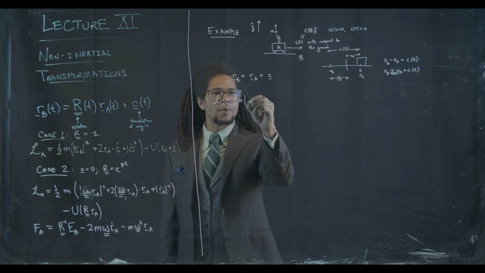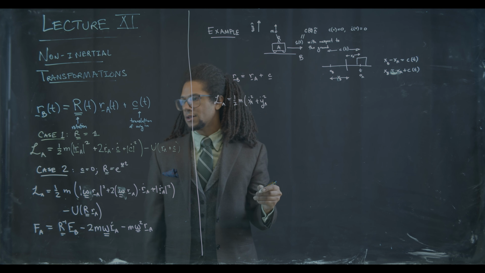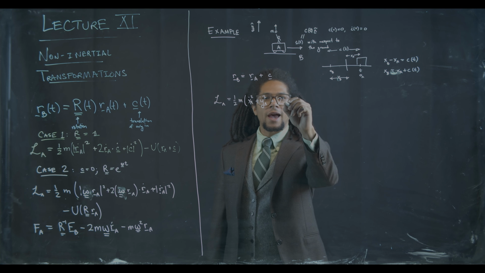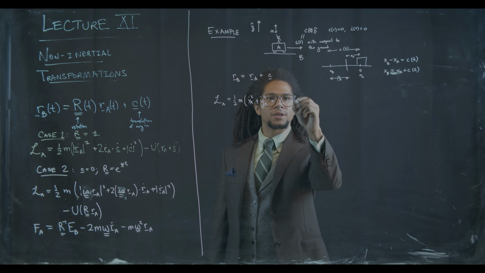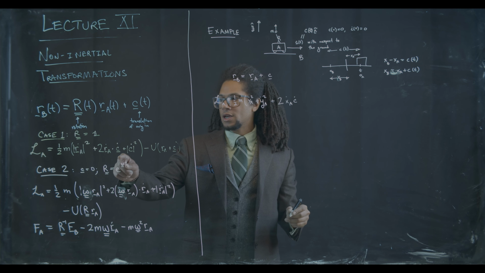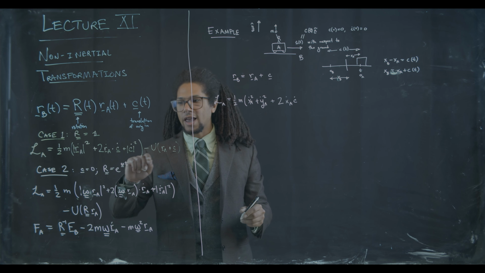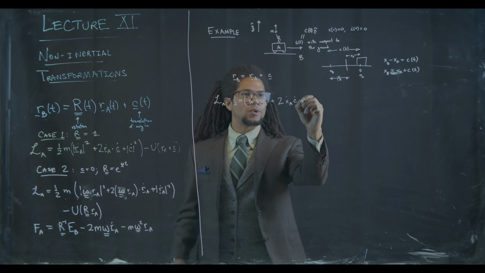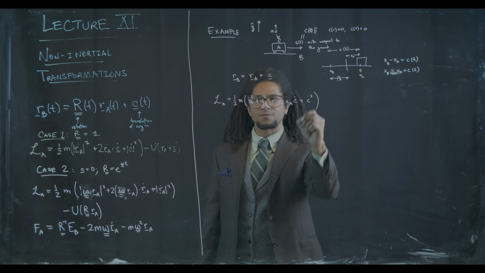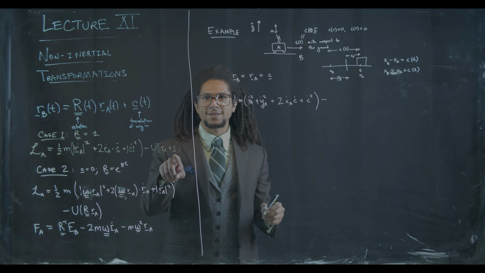So we have m times x A dot squared plus y A dot squared plus 2 x A dot times c dot, and that's it, because note that in the y direction, we have no motion of the car. So c dot y is equal to 0. Okay, and that also tells us what to do with this last term. This is going to be c x, which is just c dot squared. Great. Then we have minus U of r A plus c.